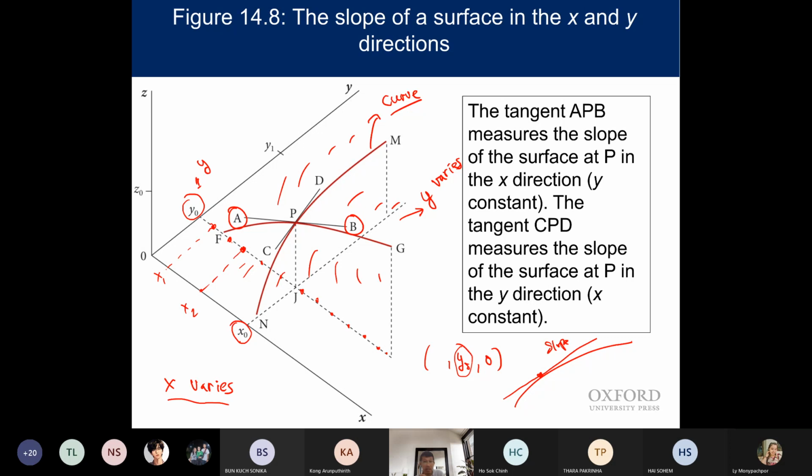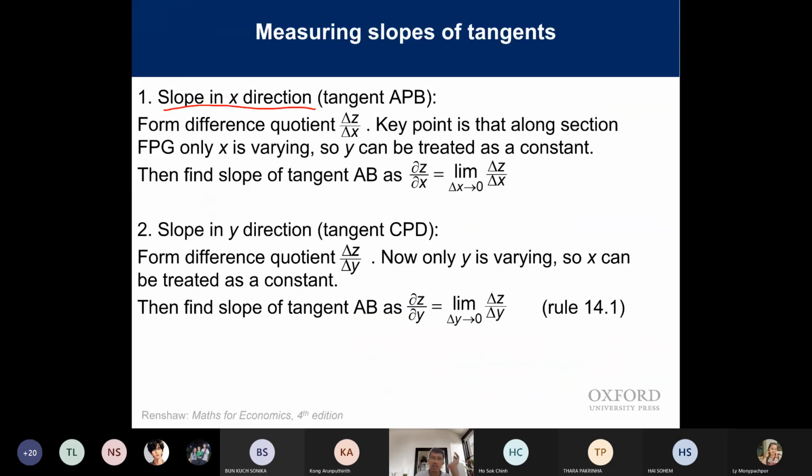So what should be the slope at the point P in x direction? Or in other words, what is the slope of the tangent line AB? That will eventually be defined as the partial derivative of z with respect to x.